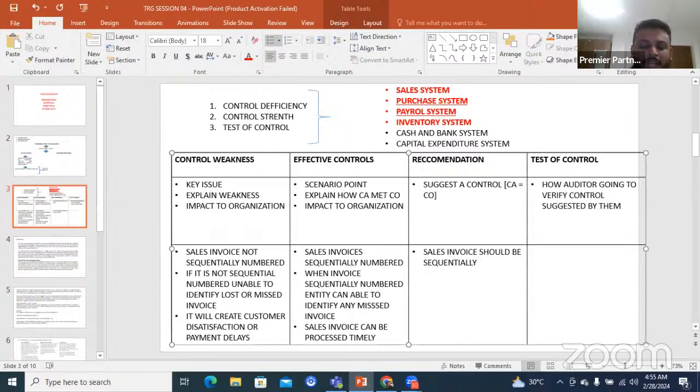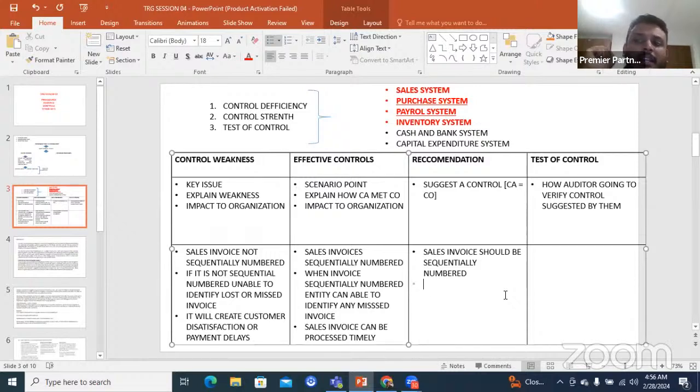This is what 99% of the students will write. Yes or no? How do you feel? Definitely you will write this, right? Sales invoices should be sequentially numbered.